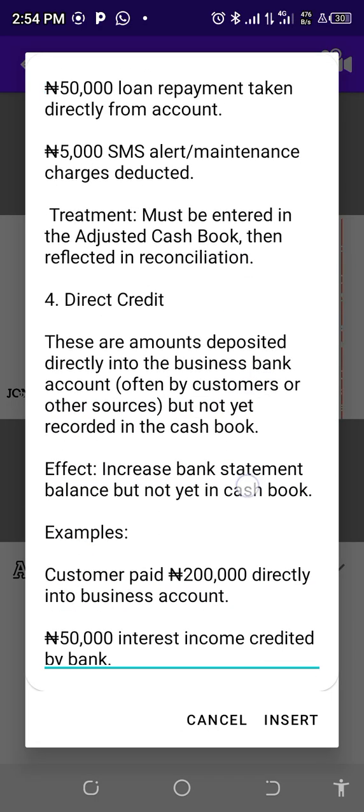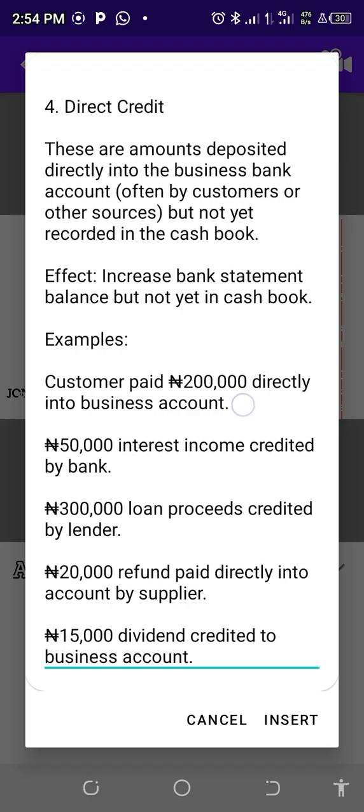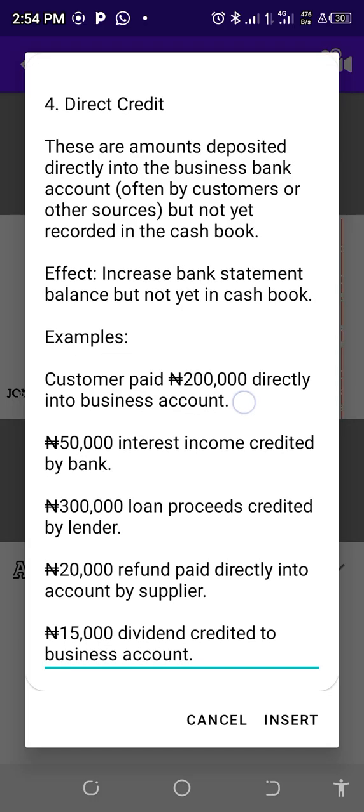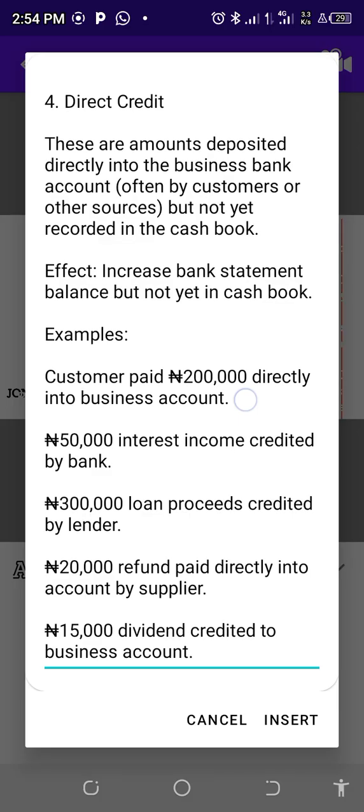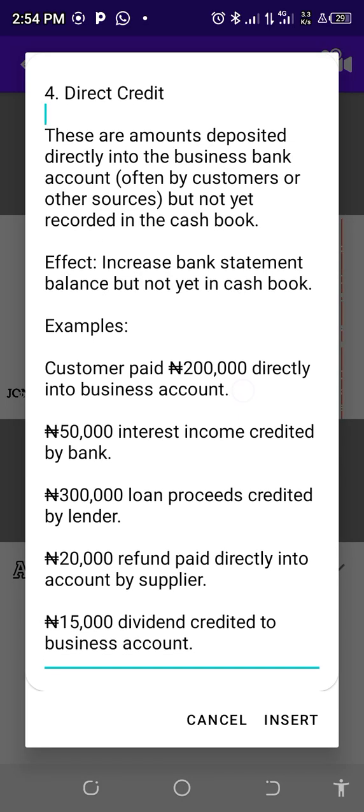Now, direct credits. These are amounts deposited directly into the business bank account, often by customers or other sources, but not yet recorded in the cash book. Yes. At times, money is paid by the customer of the business, a commission, a dividend paid directly into the bank, and the customer may not have an alert that such an amount of money has been paid into the account.